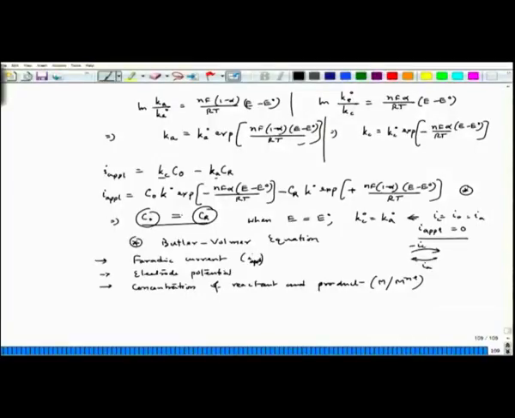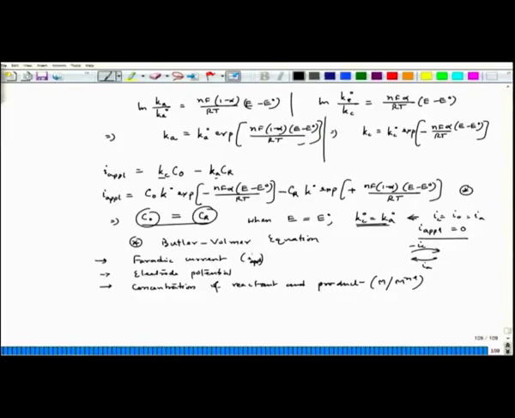In that situation, the concentration of reactant as well as product, or concentration of oxidant and reductant, are the same, and that time we have gotten this particular relation.